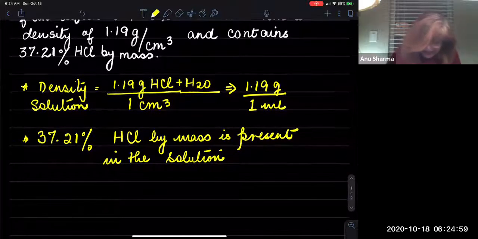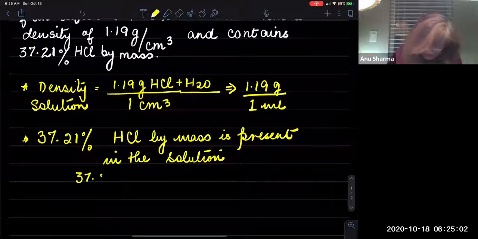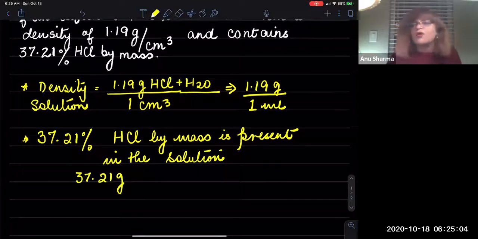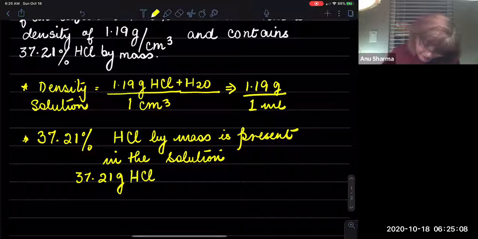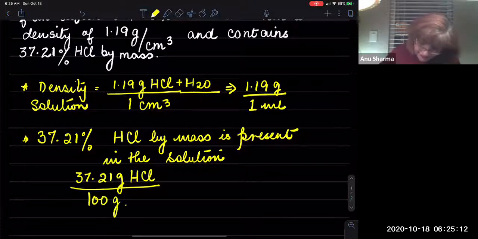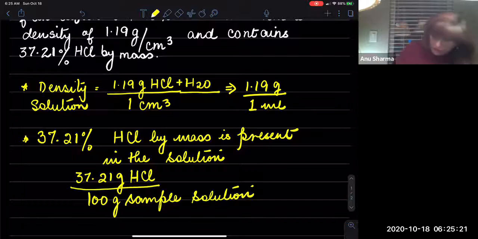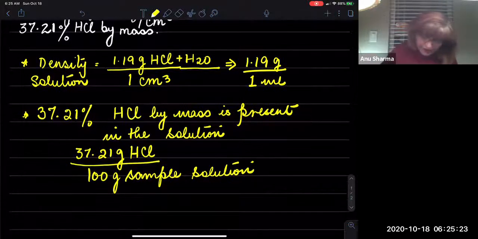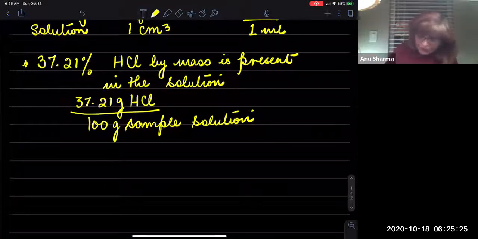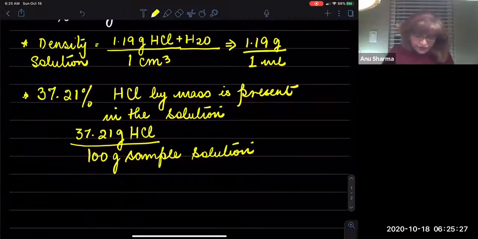So this means that 37.21 grams of HCl is present in 100 grams sample of the solution. So this is the second piece, making sense of the data that we already have. Okay, this is one thing. Now this thing can be used as a conversion factor also. Okay, so this whole piece.